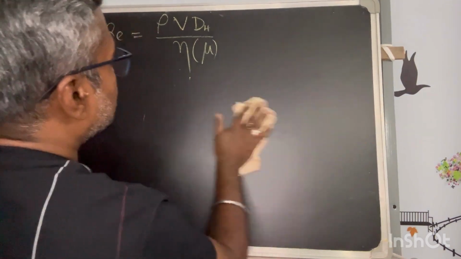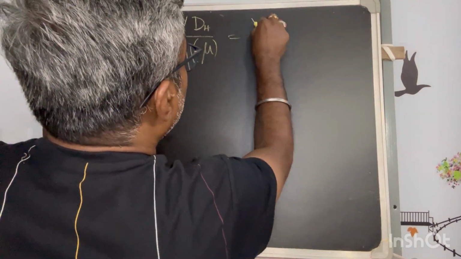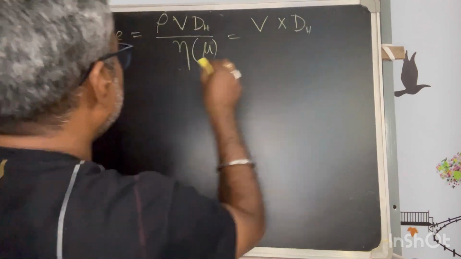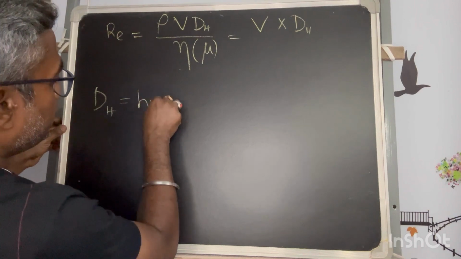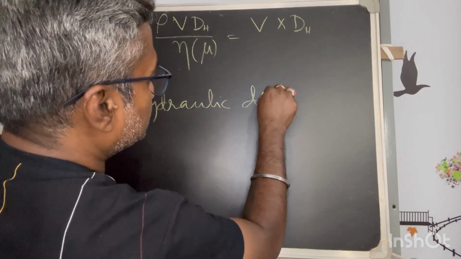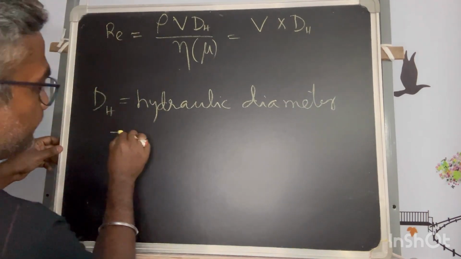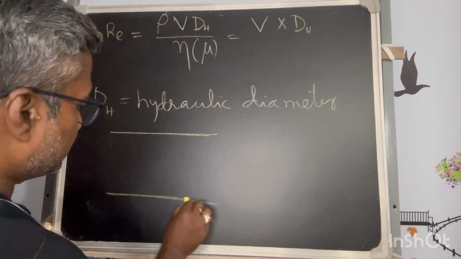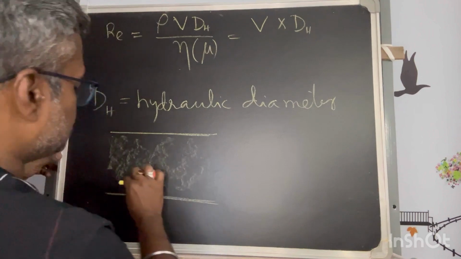Now this again can be represented, this velocity into rho into dH. Let me introduce dH. dH is the hydraulic diameter. Now let me explain it a bit. Say the fluid is flowing through some rigid boundary, this is some pipe, and there is a fluid which is moving through it.